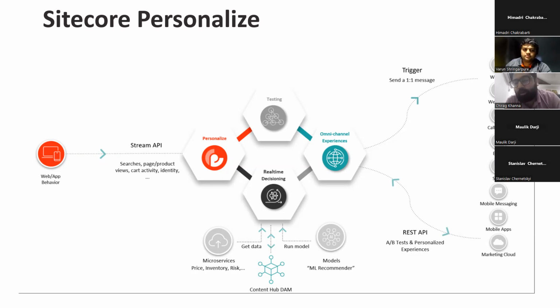In order to integrate Personalize into your website, you don't need to have a Sitecore ecosystem. This is a composable platform. It provides an SDK which can be integrated in any language, whether it is Next.js, React.js, or any other front-end framework, or even normal JavaScript. So yeah, this is the architecture of Sitecore Personalize.